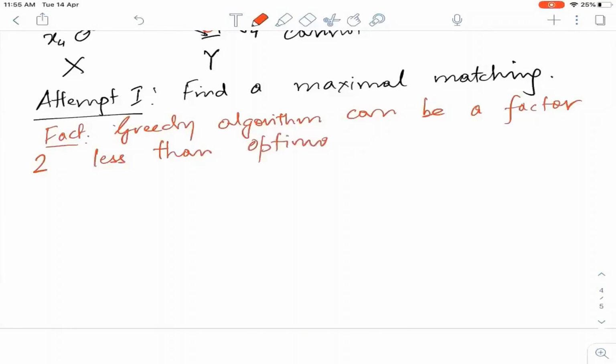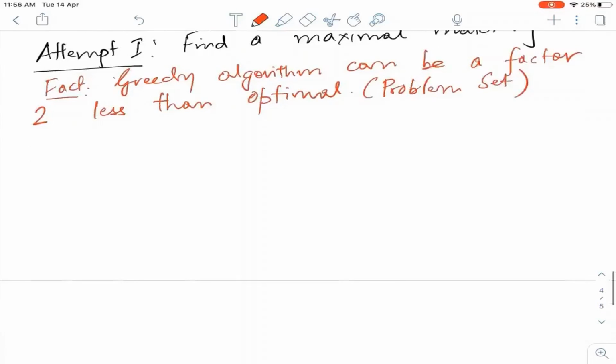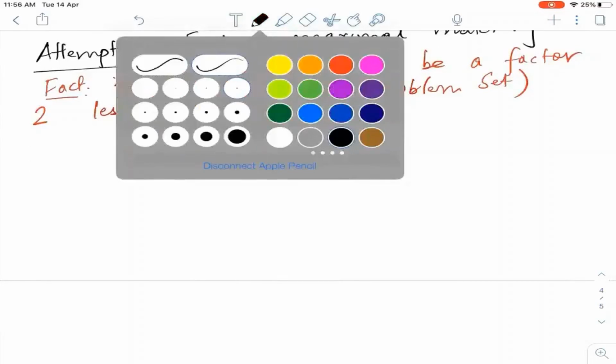So you need to find an example where this greedy algorithm will end up having a size which is half what an optimal matching can do. Yeah, so this would be some problem. Okay, good. So that's not what we are going to talk about anymore.